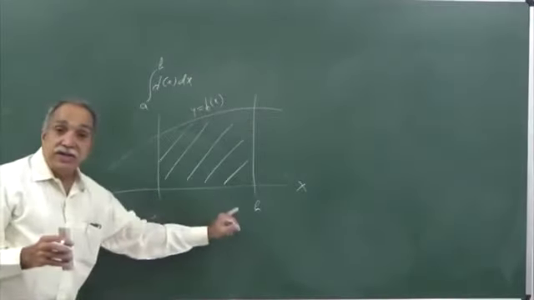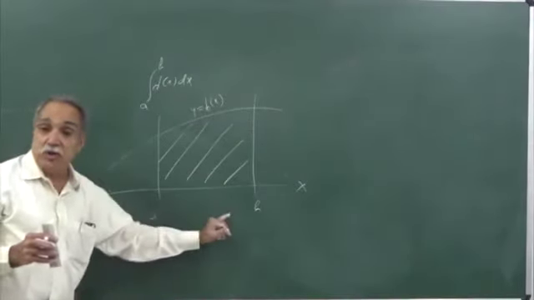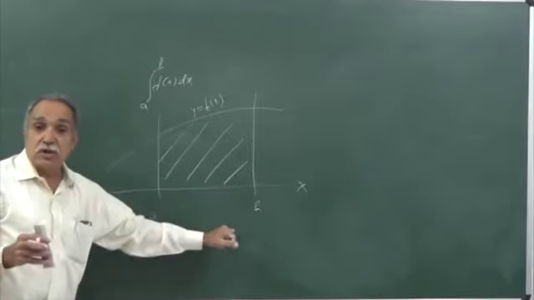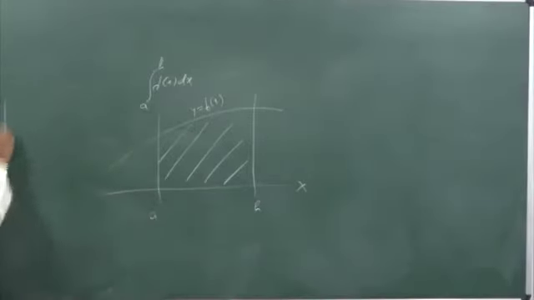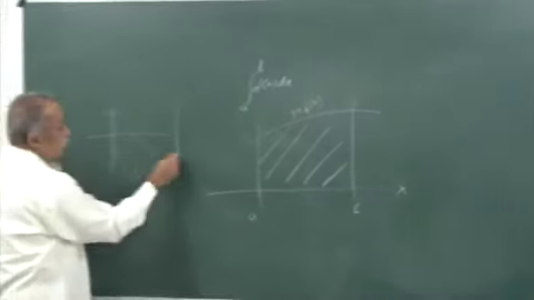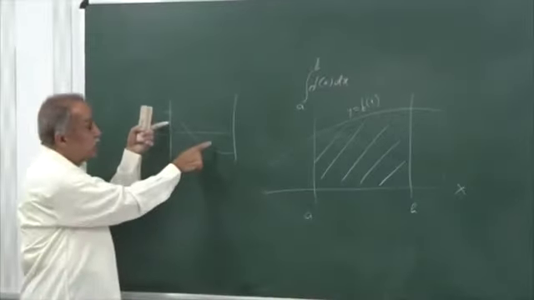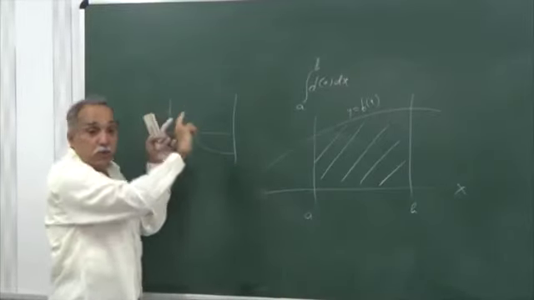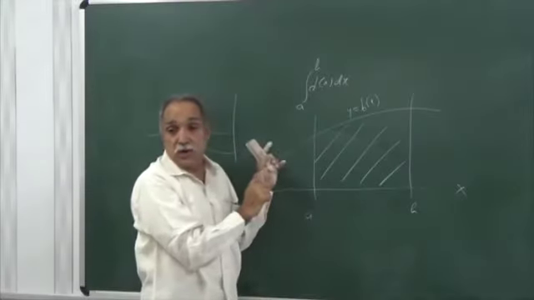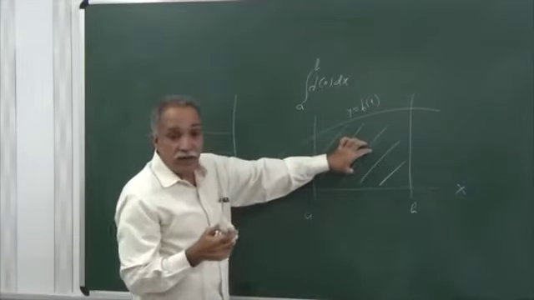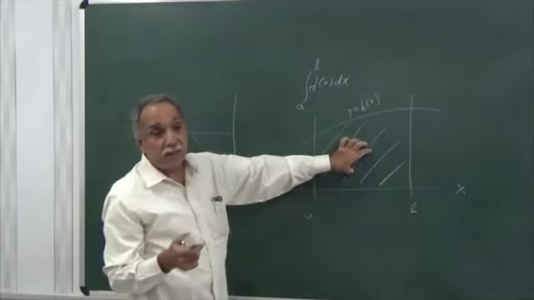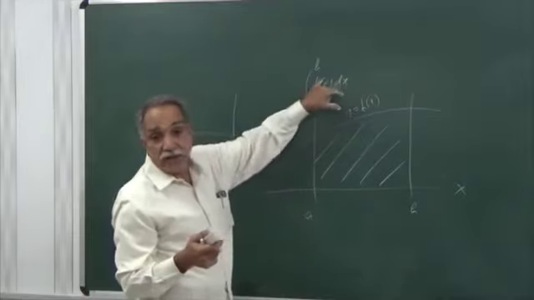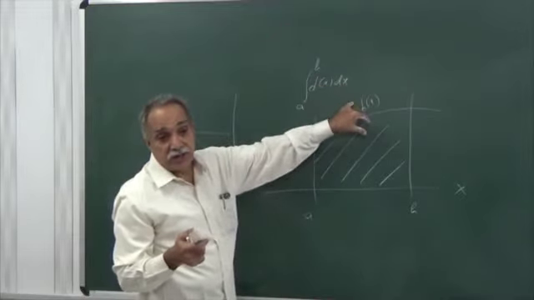But in between x equal to a and x equal to b, the graph must not cross the x-axis. The graph must not be like this. In this case, this total area will not be obtained by that definite integral. Provided the graph does not cross the x-axis, this area is exactly represented by this definite integral from a to b of f of x dx.